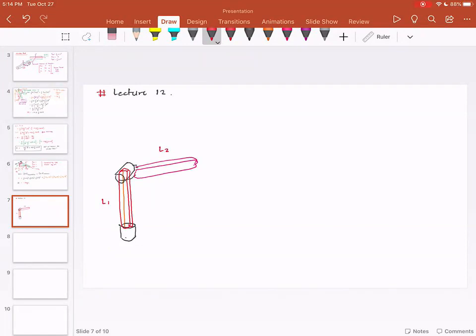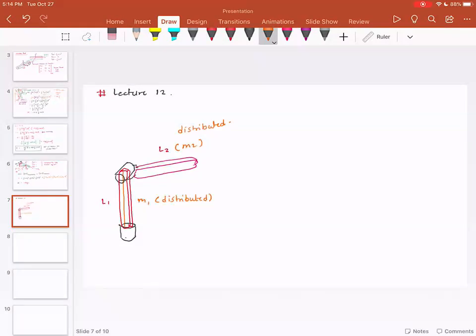The difference being, these links are not massless, but the mass is distributed. So this link has mass m1, which is distributed, and this link has mass m2, that is again distributed.